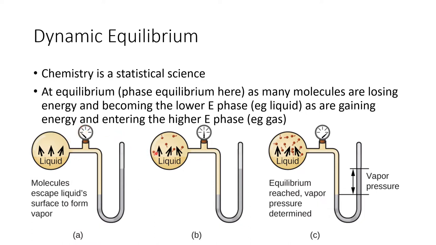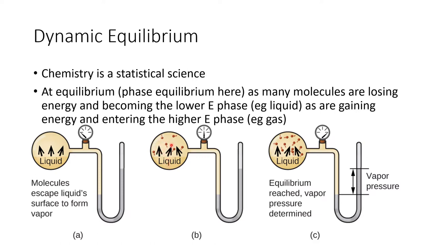So here's my temperature gauge on this. If I increase this temperature, well, now I have more of an escaping temperature for these liquid molecules wanting to become gas phase molecules. And so more of them than had been go and get in the gas phase as opposed to the liquid phase.